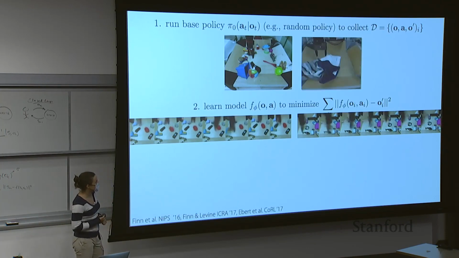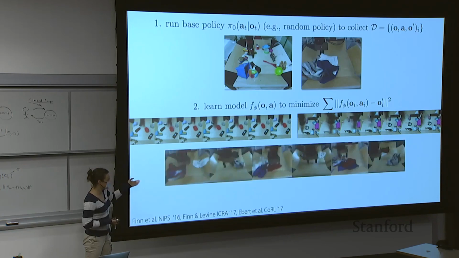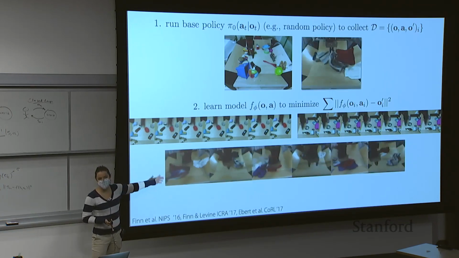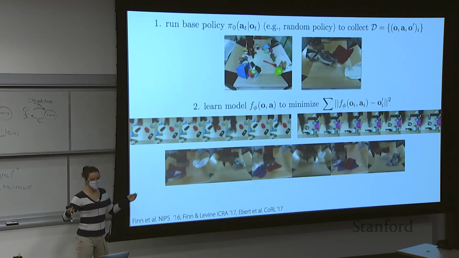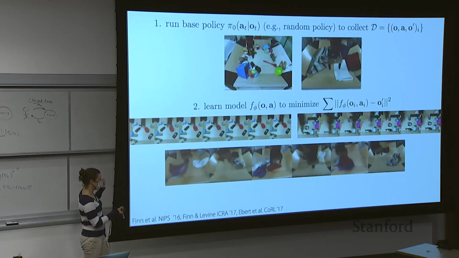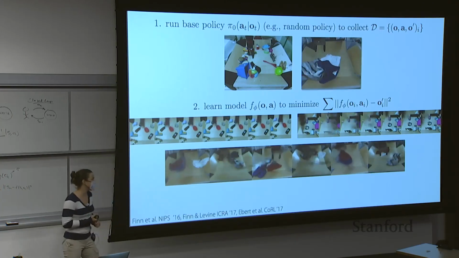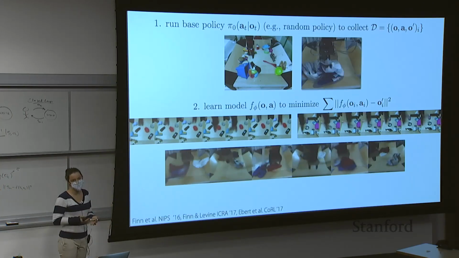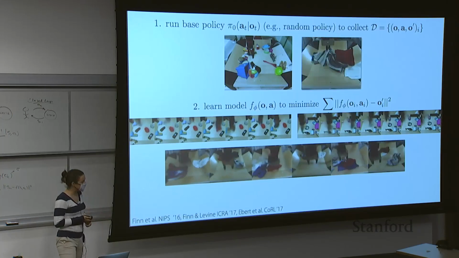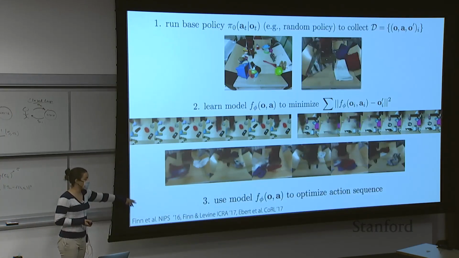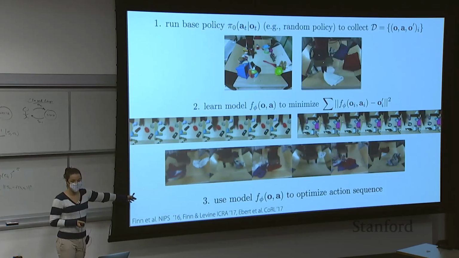One of the things that's cool about operating on images is that you can apply these models to things like deformable objects, like towels. It's pretty difficult to think about how to represent the state of the world if it involves a towel. But if you can operate directly on images, or learn a latent representation, then that allows you to manipulate deformable objects. And once you have this video prediction model, you can use it to optimize for action sequences.